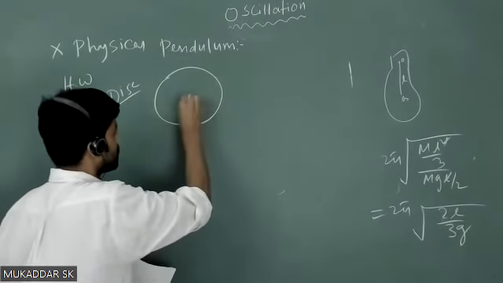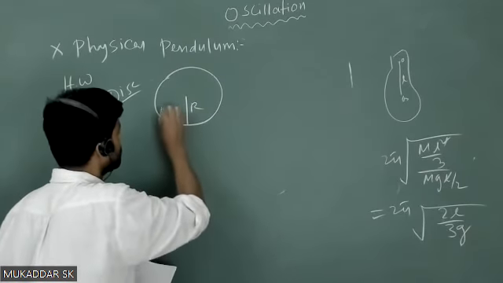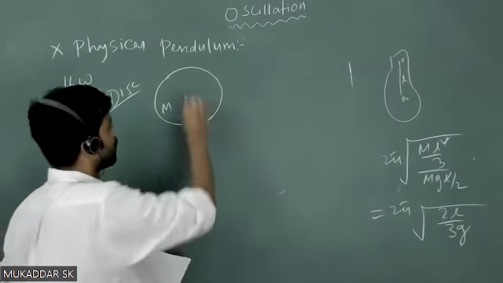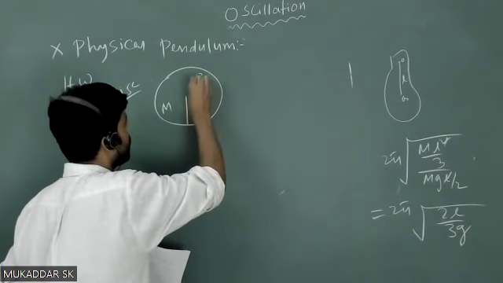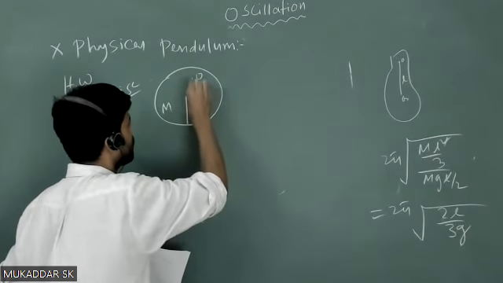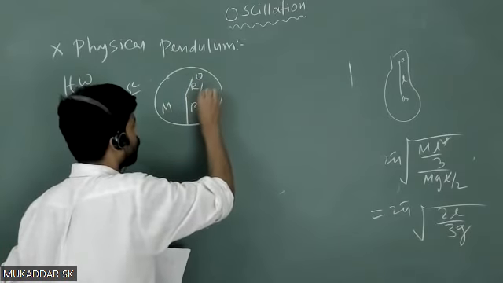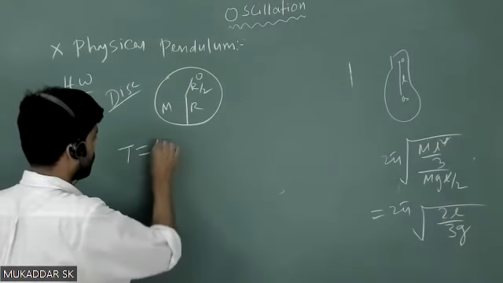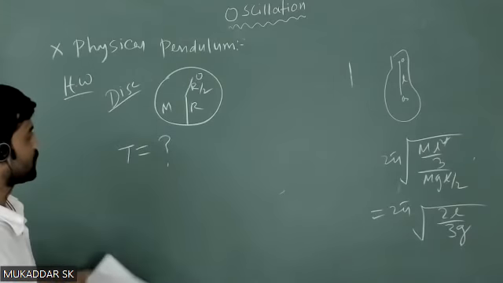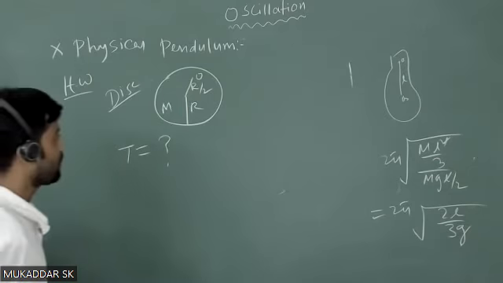Radius is R. Mass is M. This is your point of suspension, and the distance from the point of suspension to the center is R by 2. So you have to calculate the time period of oscillation. Is this question clear to all? Yes, sir.